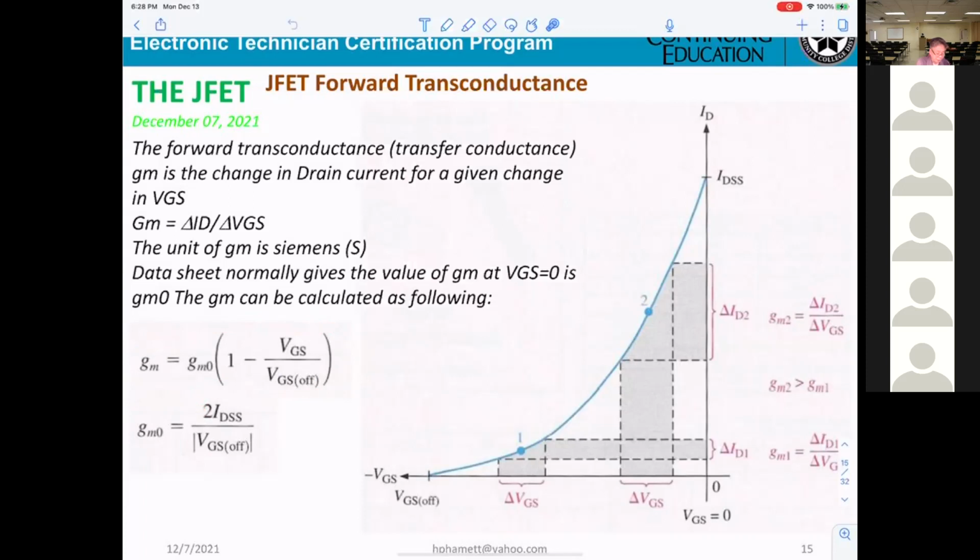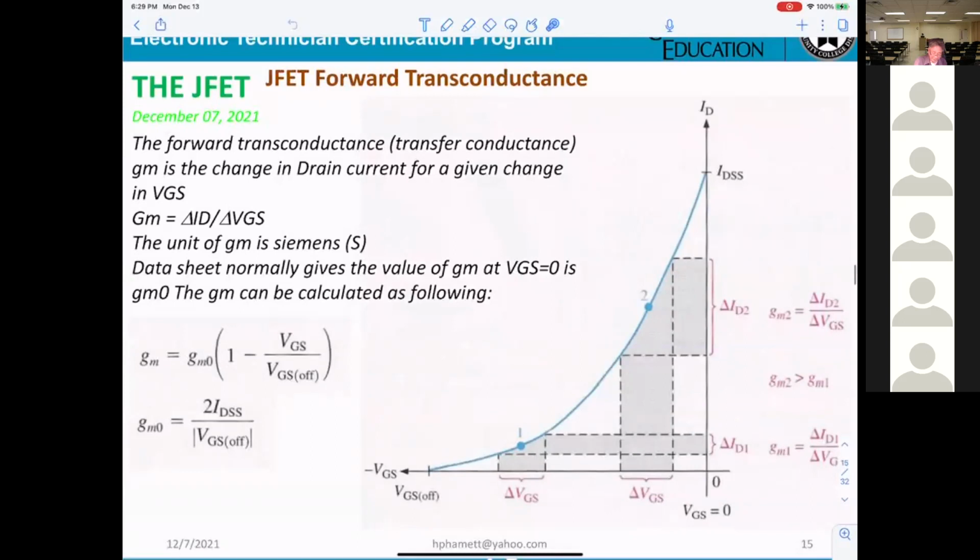You need to know GM0, and GM0 is normally given to you by the manufacturer. If not, then you can calculate by the formula 2 times IDSS divided by VGS off with the absolute value. Just make sure you read over it and try to understand. If you can memorize the formula, this is the best.